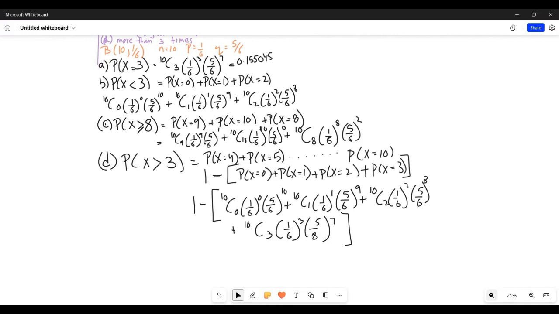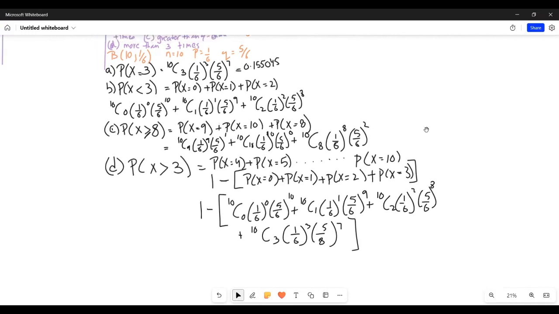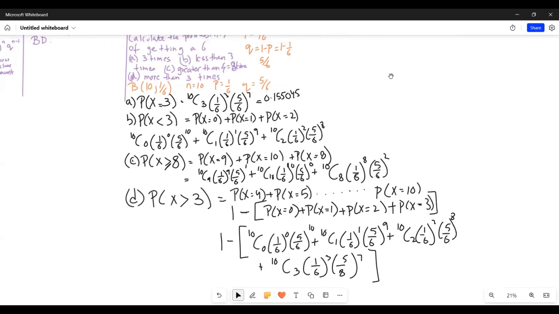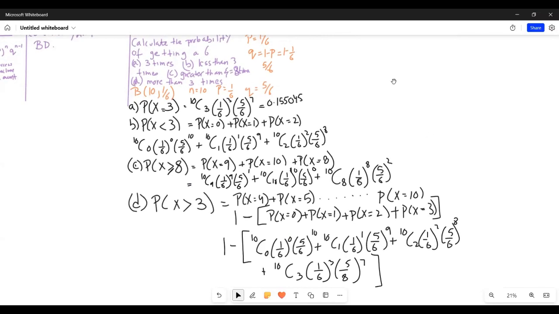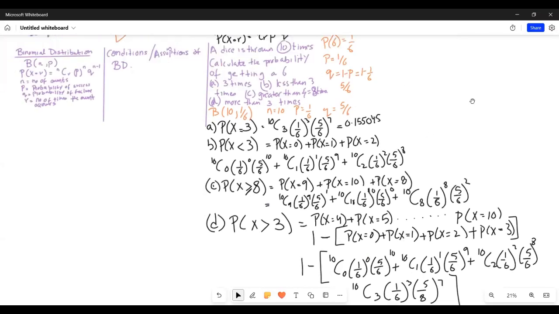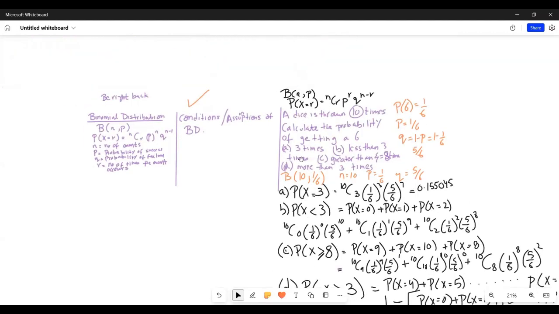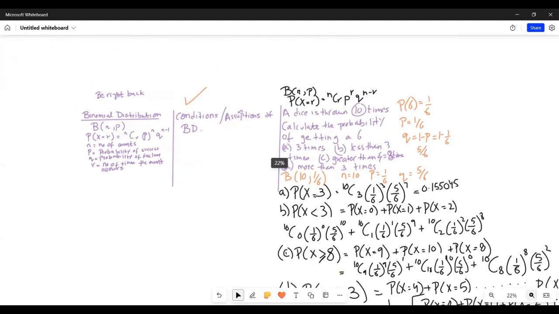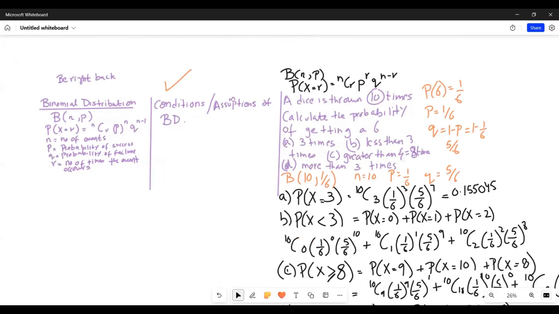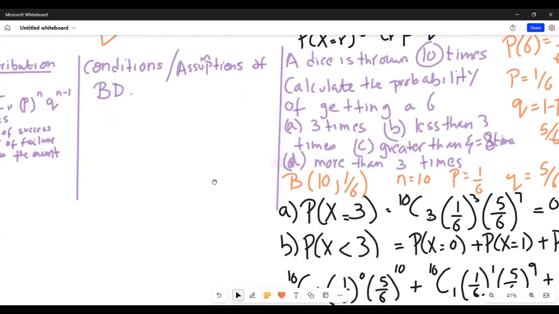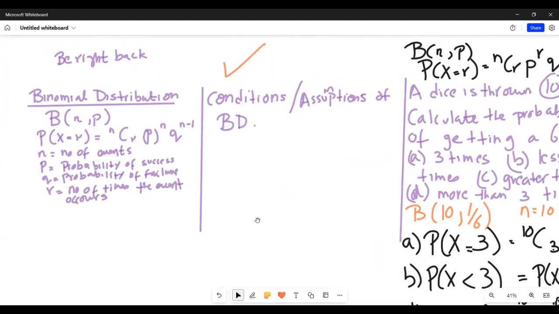Okay. Now that we've done one example on finding the probabilities in a binomial distribution, let's go back to the conditions or the assumptions that are made before applying the binomial distribution formula.